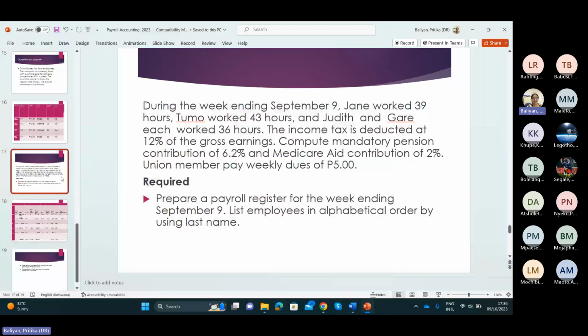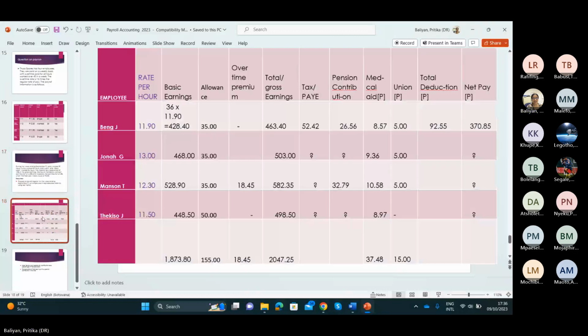So first of all, we have to charge 6.2% on which pay, the basic pay or the gross pay, because we have two figures? It's always charged on basic pay. Always remember, it's always found on the basic pay.